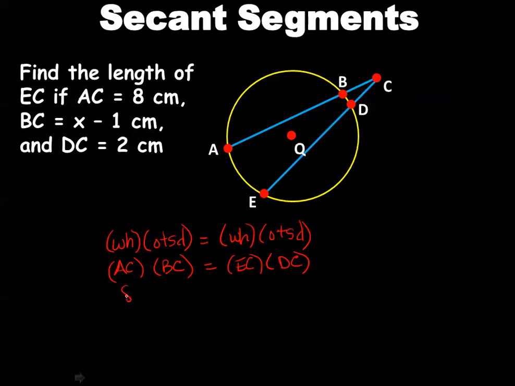They told me AC was 8. They told me BC was x minus 1. I do not know what EC is. That's what I'm calculating. They told me DC was 2. So now I've got to distribute that 8 to everything in the parentheses. So I have 8x minus 8 equals 2 EC.